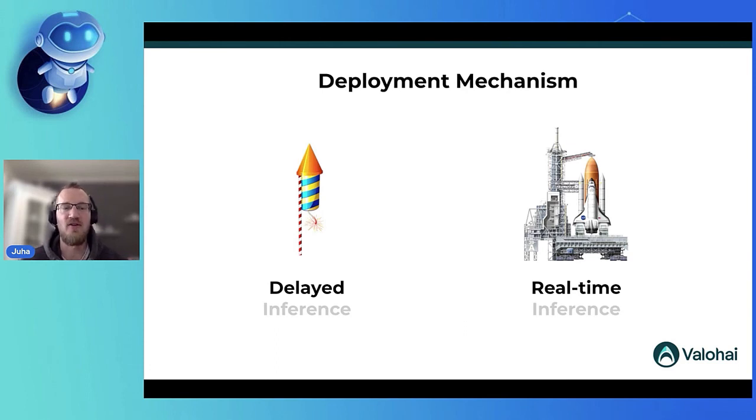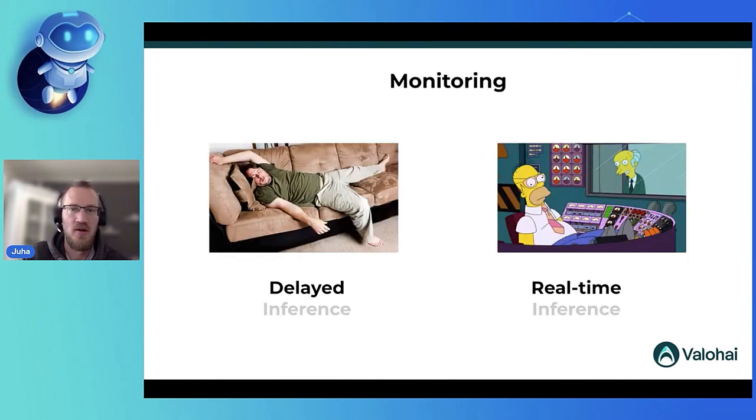But for delayed or batch, it can be as simple as tagging your model, like this is now my production model. You tag it and that's it. Next time your batch pipeline runs, you're going to use that model instead of the previous model. So there's a lot more simplicity for the batch approach.